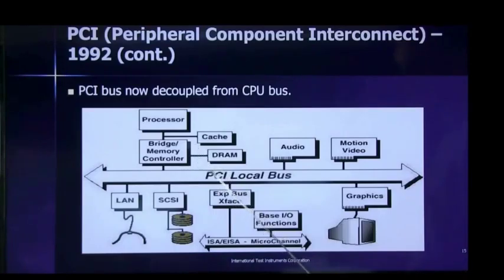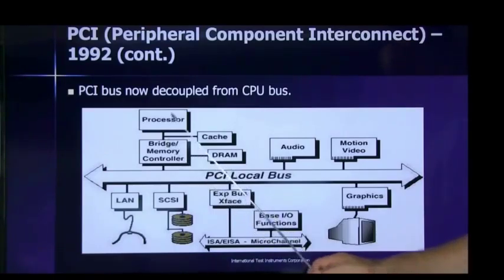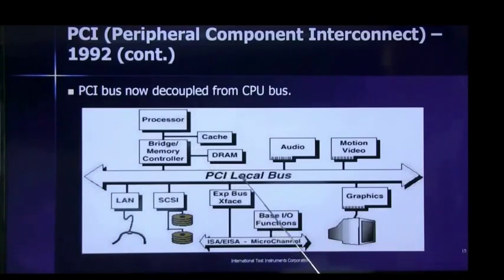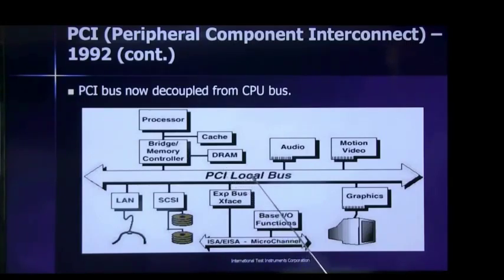Here is a slide that describes the overall architecture of the PCI bus in the system. And the key thing to note here is that you have a bridge chip between the processor and the local bus, the PCI local bus. It's actually a little bit of a misnomer here in this picture to call it a local bus because it's not actually local. Local buses should be attached to the processor, but it's a PCI bus.